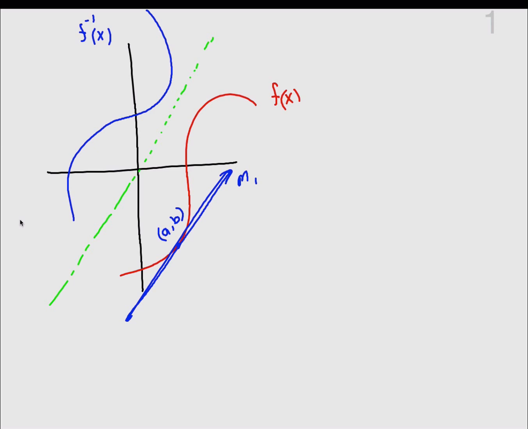Now I want to find the corresponding slope on the inverse. So if I went with the point (a, b) on the function, where's the point on the inverse? (b, a). Good. To find the slope of this line, we'll call it m2. m2 is equal to the reciprocal of m1. Not opposite reciprocal. What does an opposite reciprocal do? Perpendicular. This isn't perpendicular, it's a reciprocal. Flip it over.